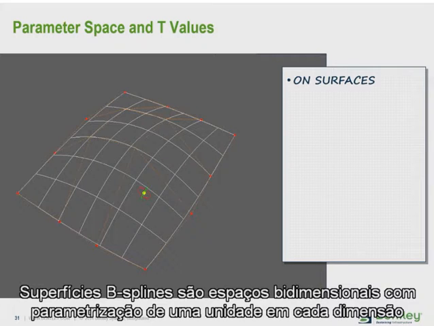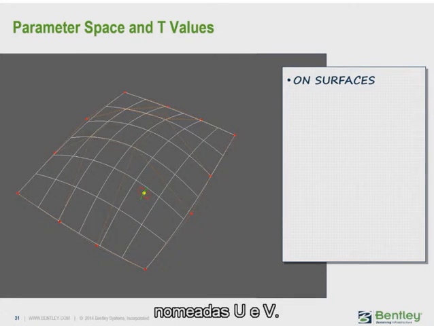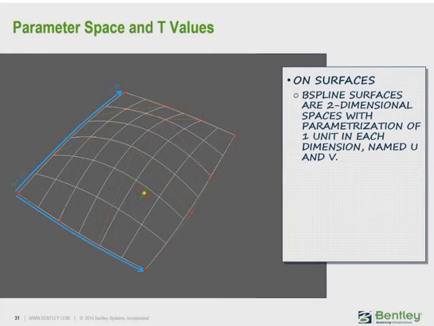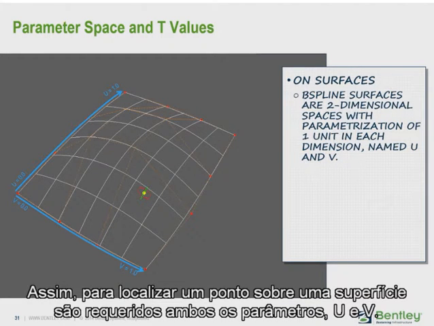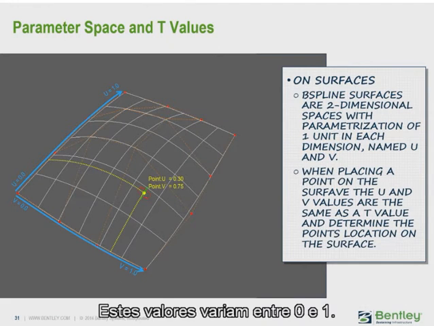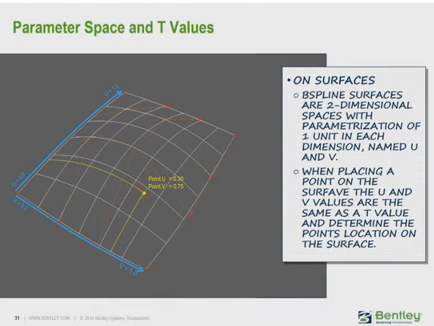Now, B-spline surfaces are actually two-dimensional spaces with parametrization of one unit in each dimension, named u and v. Therefore, in order to locate a point on the surface, both a u value and a v value are required. These values would fall in a range between 0 and 1, and on a B-spline surface, their spacing would behave the same as on a B-spline curve.